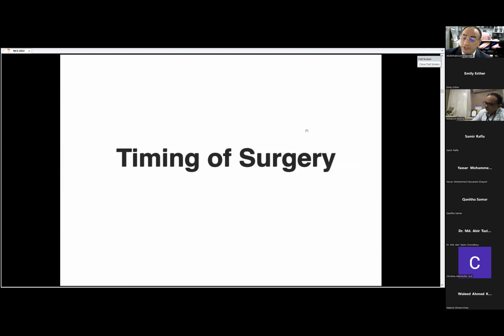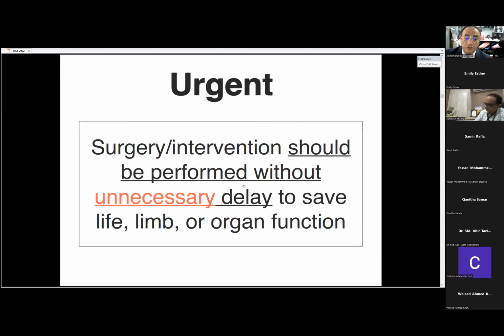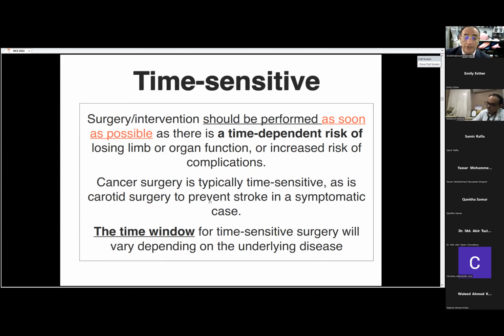Timing of surgery is very important because if you do immediate surgery, definitely the surgical risk will be high. In the immediate surgery definition, surgery or intervention should be performed without any delay to save life or organ of the patient. In an urgent procedure, surgery or intervention should be performed without unnecessary delay to save life, limb, or organ.